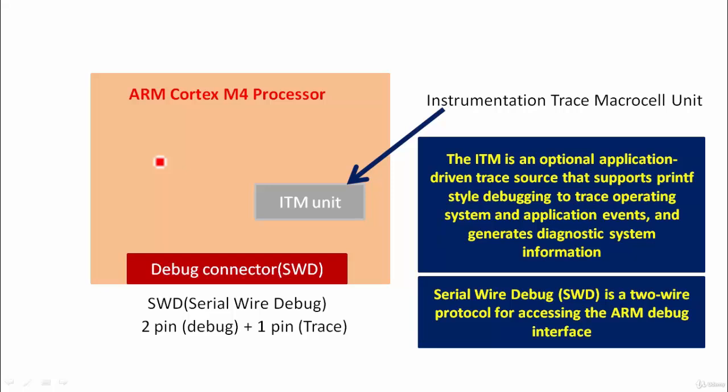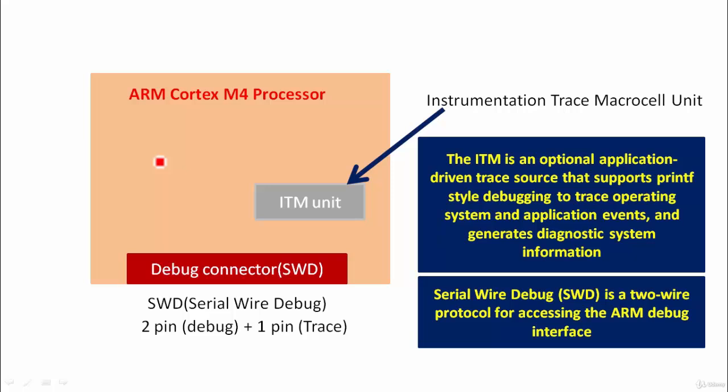To debug the processor, meaning if you want to read a memory location, read processor related registers, halt the processor or make it run, we do all these activities using the debug interface. The debug interface we are using here is SWD.